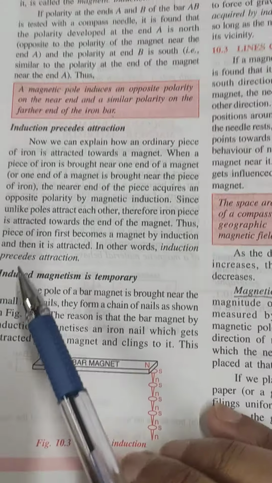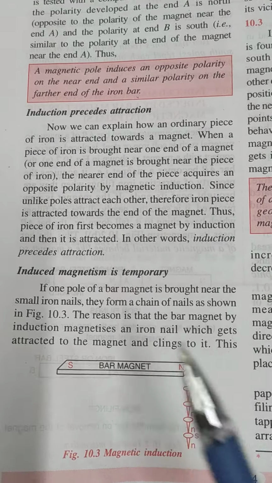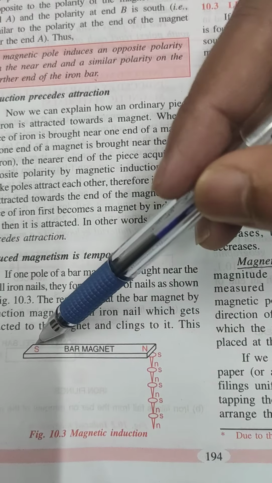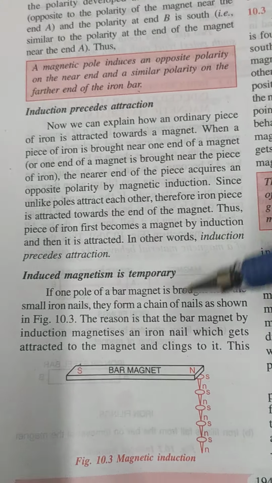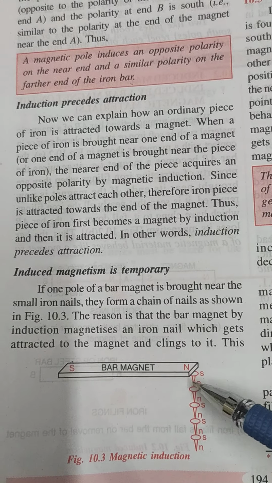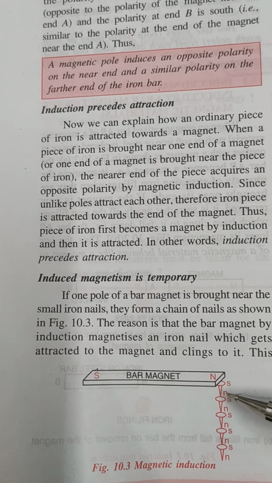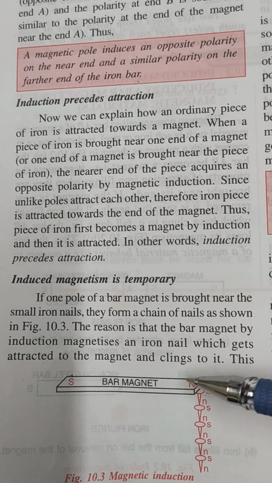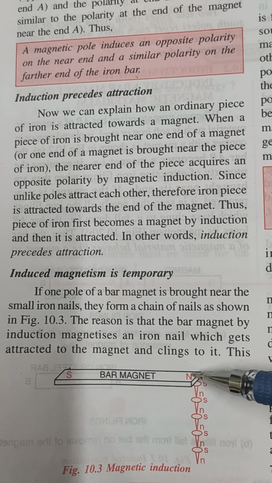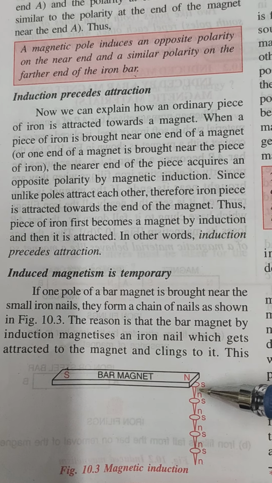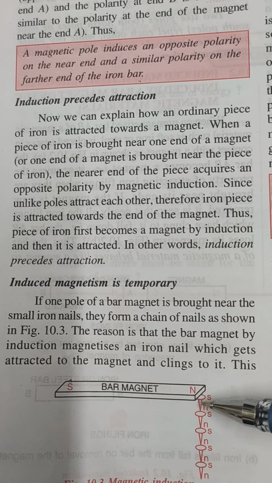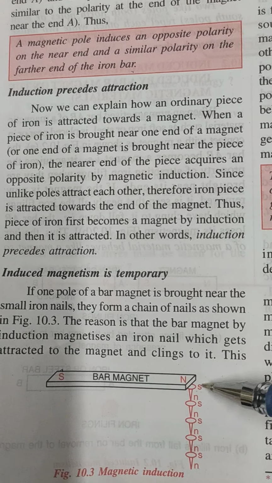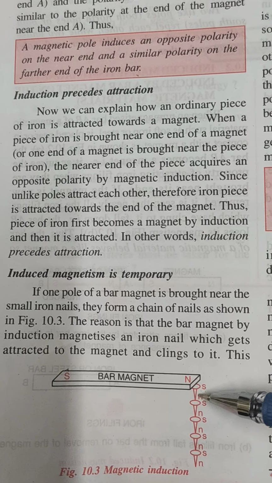And the second thing is that induced magnetism is temporary. To understand this, they have given us this figure. Now there is a magnet, this is the south pole and this is the north pole. Then we take a pin, maybe an iron pin, and we find that this pin is attracted to this magnetic bar. Now this part of the magnet is the north pole, so the part of the iron nail which is near the north pole develops the opposite polarity, that is south pole, and this other part becomes north pole.